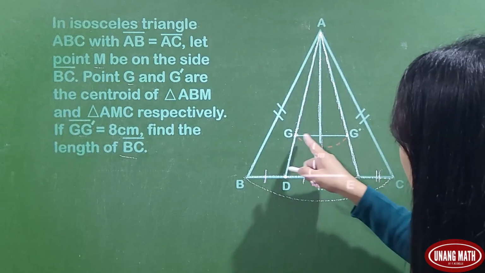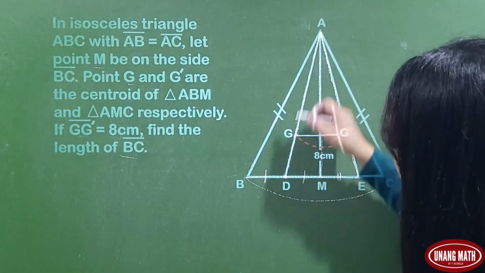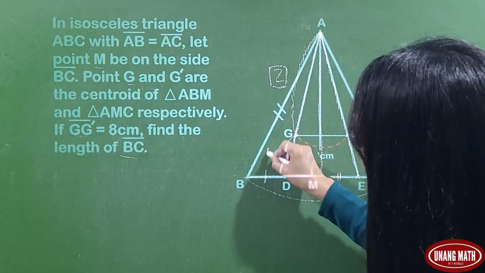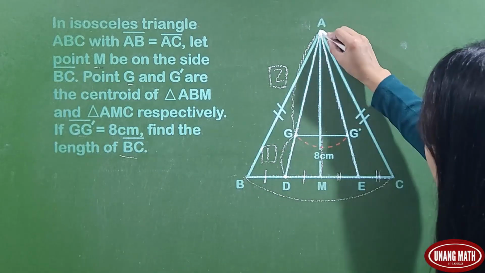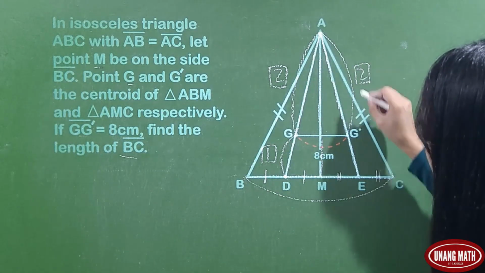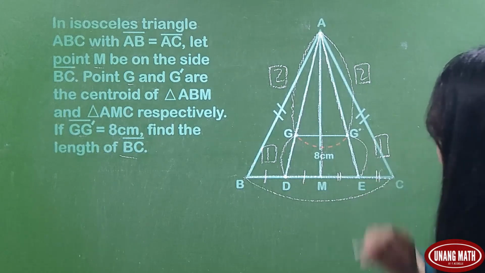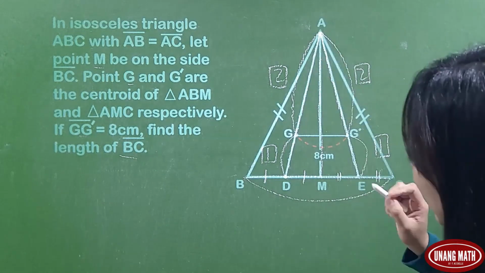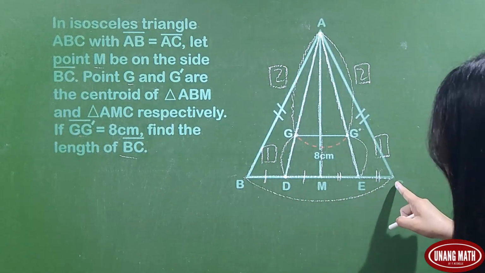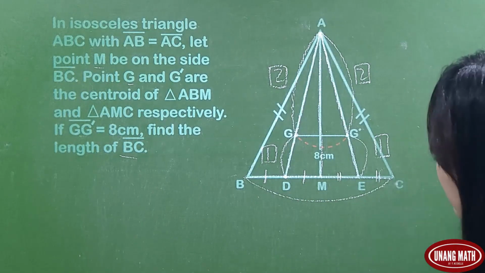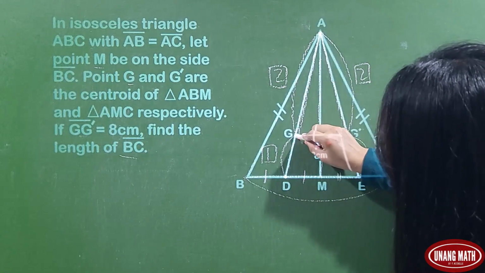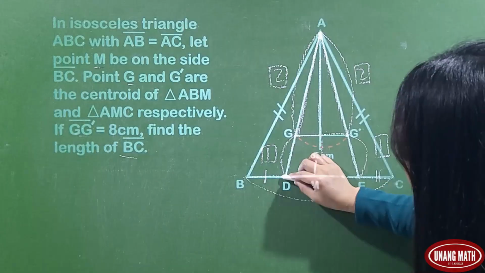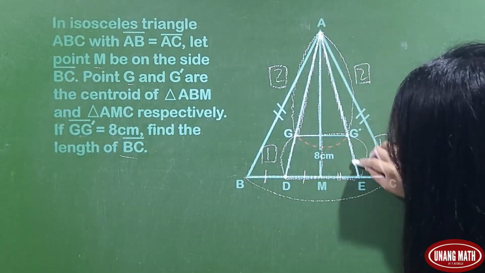So these centroids divide the medians in the ratio 2:1. So this is 2:1. This is also 2:1.